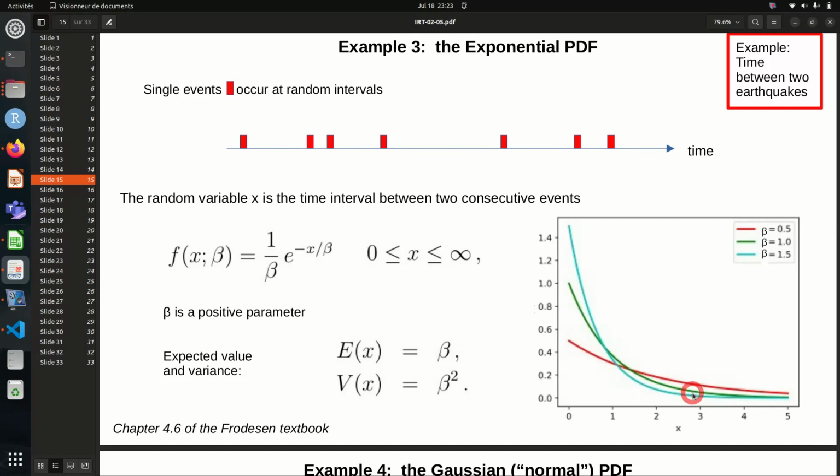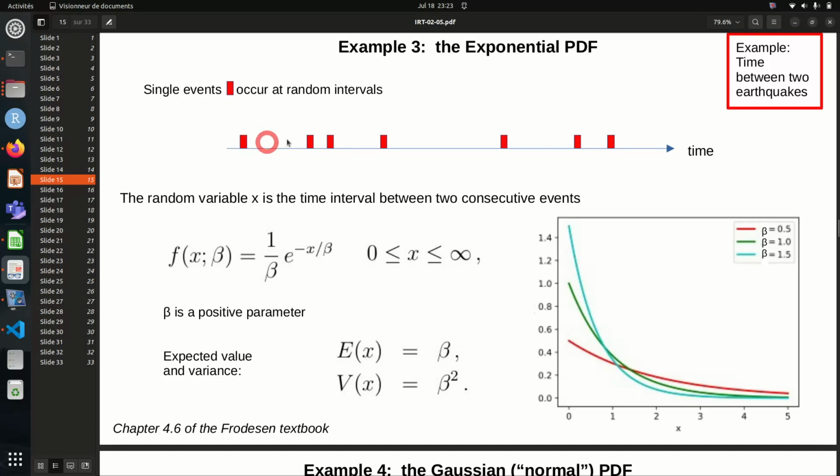The next PDF I'm going to introduce to you is the so-called exponential. Imagine that you live in a country with earthquakes and you measure the time between two earthquakes. So every day, every month, every week, somehow you have an earthquake and you measure the interval between each of these earthquakes, the consecutive time. This interval here is the random variable we are interested in.